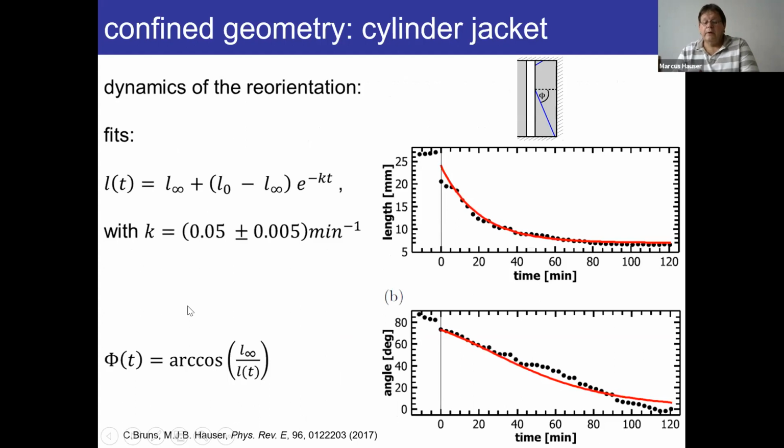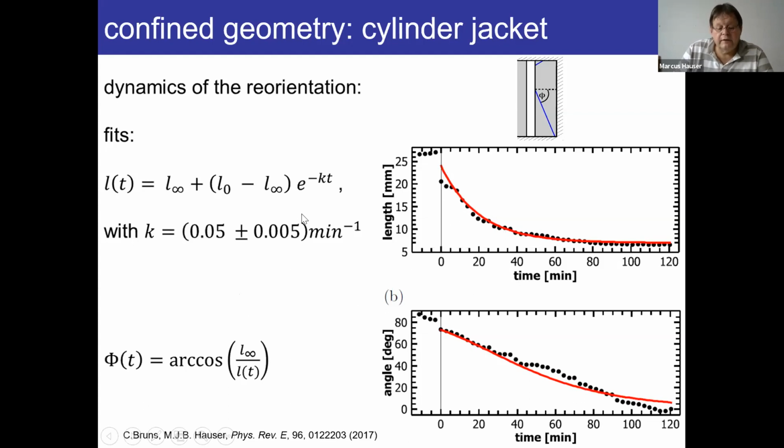And we have measured the dynamics of this kind of reorientation. And here's the length of the filament, where point zero is the point in time where the filament hits both opposite walls. And then we just look at what happens.